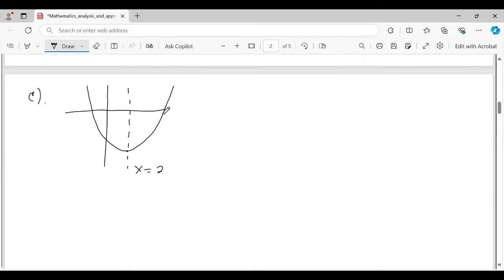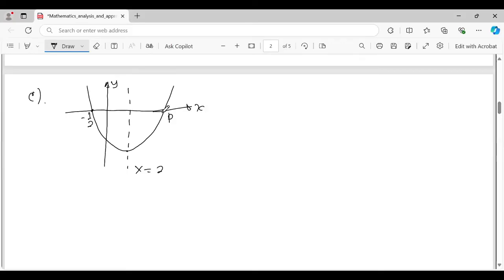This is the y-axis, and this is the x-axis. This is the symmetry, and the intercepts of this graph and the x-axis are minus half and p.